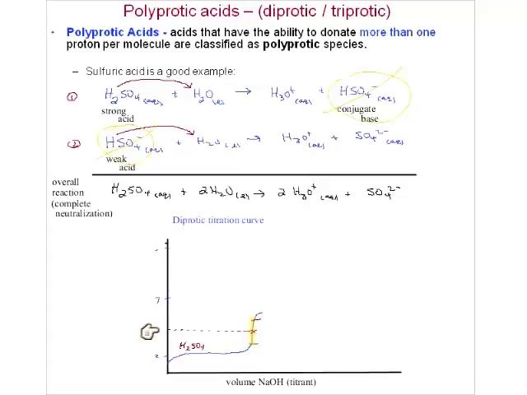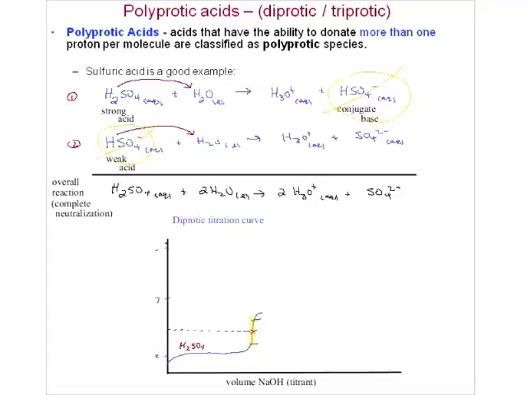Now, you might say, well, why didn't it shoot all the way up to pH 12, the pH of sodium hydroxide? Well, the reason it can't shoot up yet is because when this step happens right here, we're producing this weak acid. And this weak acid now is going to be in excess, and it's going to have a pH much lower than pH 7.